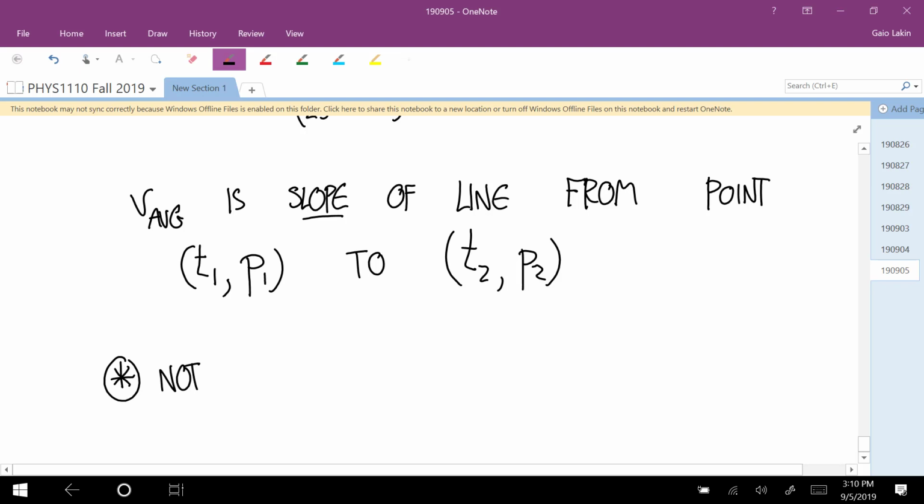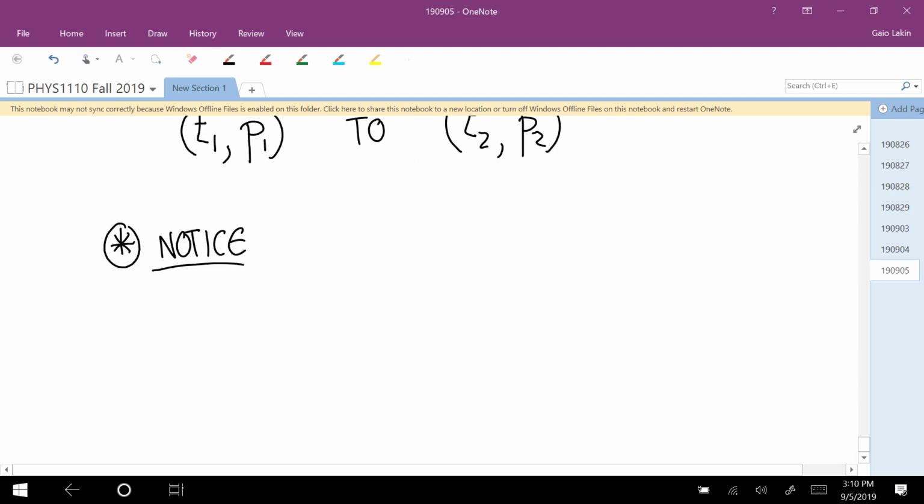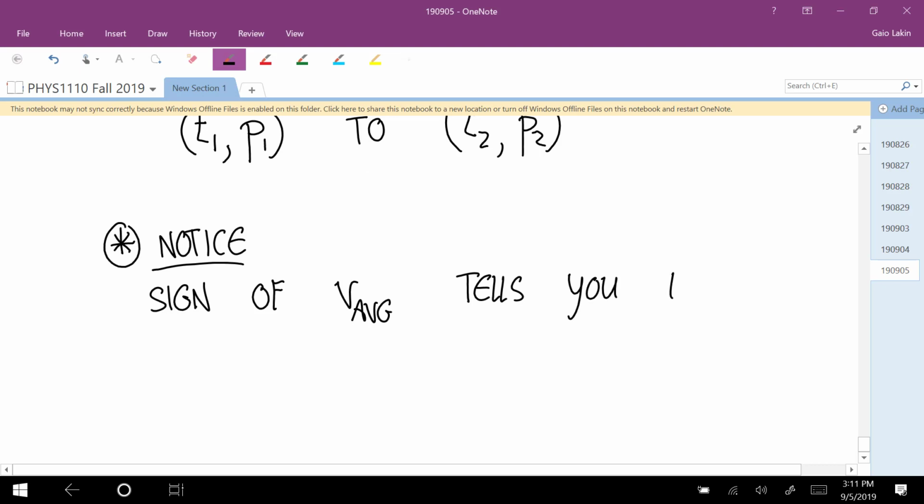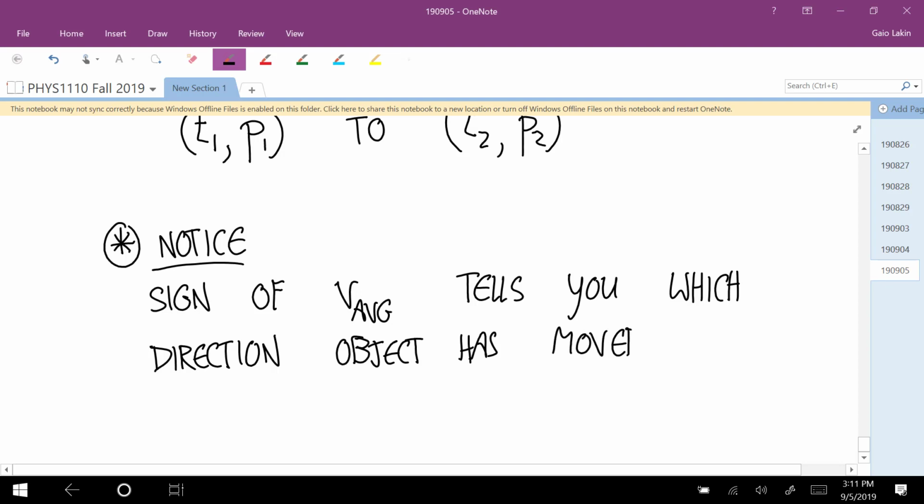So notice the sign of the average velocity tells you which direction the object has moved from time t1 to time t2.